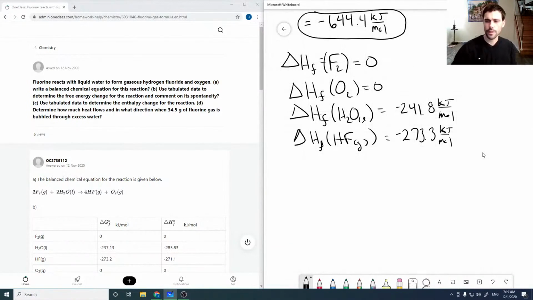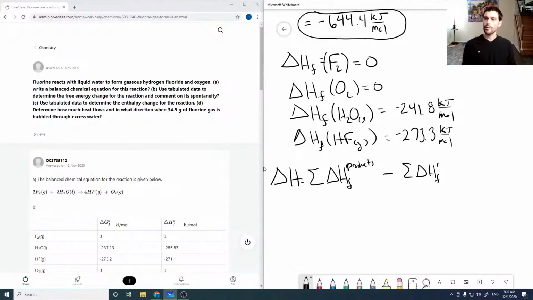So we can calculate delta H for our reaction, and it's the same steps as for the free energy change. So it's the sum of our delta HFs for our products minus our delta HF for our reactants.